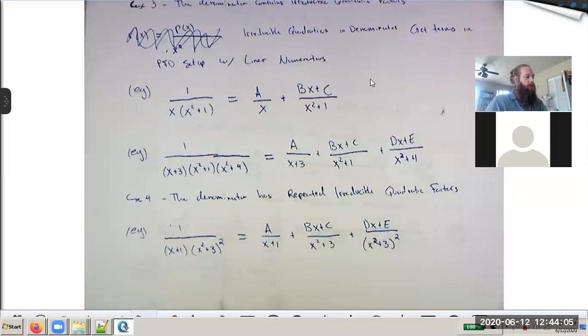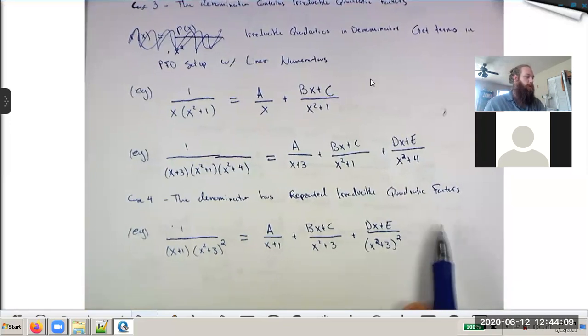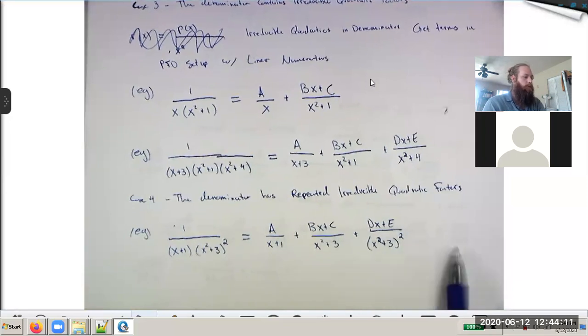And if this was a cube, I would need a third fraction over here, like fx plus g over x squared plus 3 cubed, and so on. So case 4, you're kind of combining cases 2 and 3, where you have a repeated factor that you need to build up to, and that repeated factor is an irreducible quadratic, so each one of his fractions will get a linear numerator.